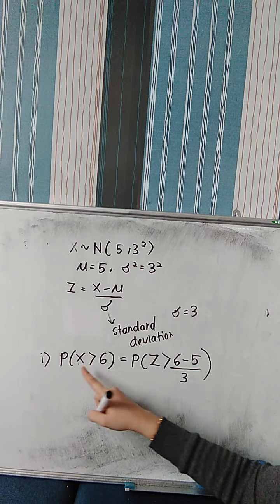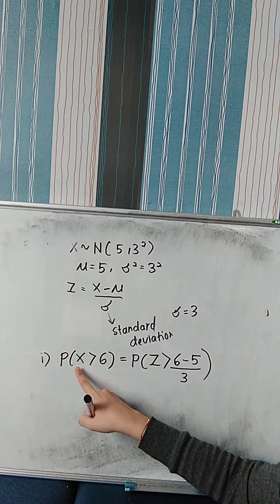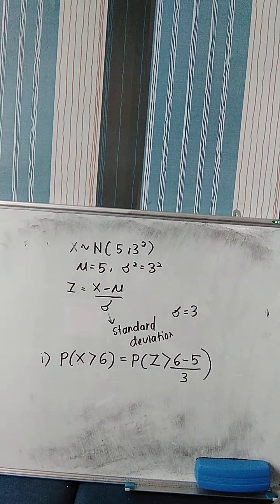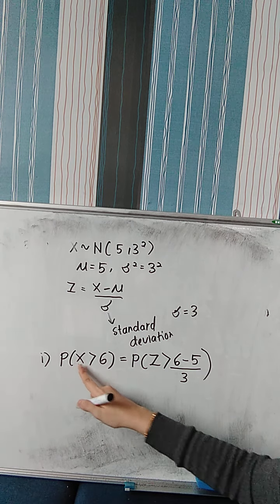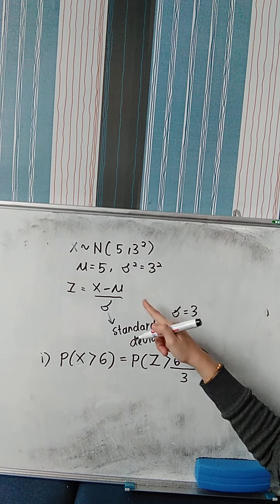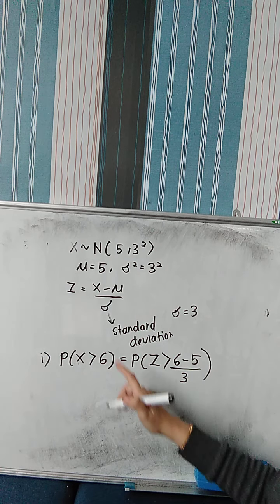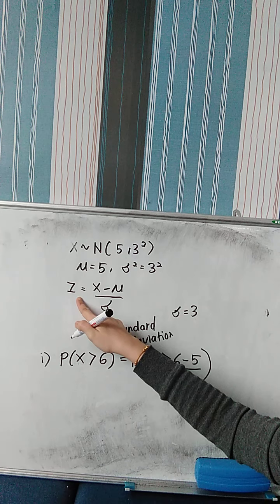Okay, so I repeat again. Your X is more than 6. Because this is normal distribution, you need to change to standard normal. How to change? Using this formula.